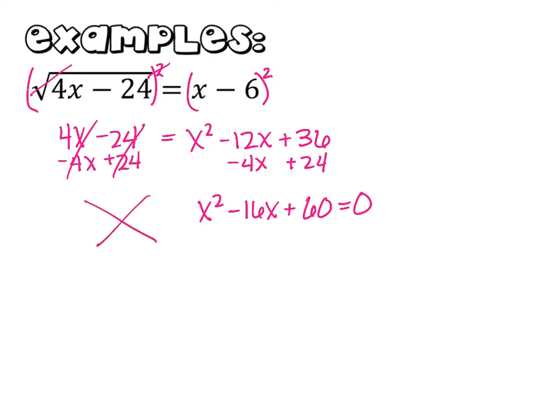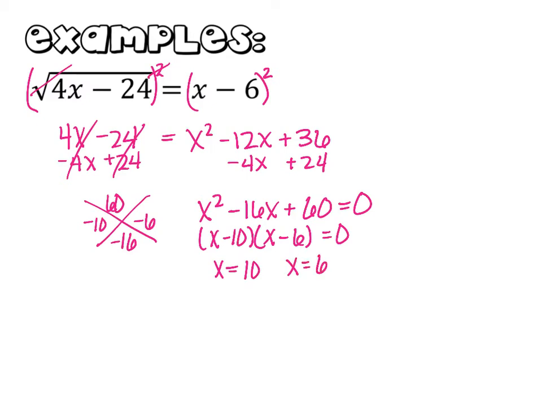What multiplies to 60 but adds up to negative 16? That would be negative 10 and negative 6. So this factors into x minus 10 times x minus 6. And I end up with x equals 10 and x equals 6 as my two answers.